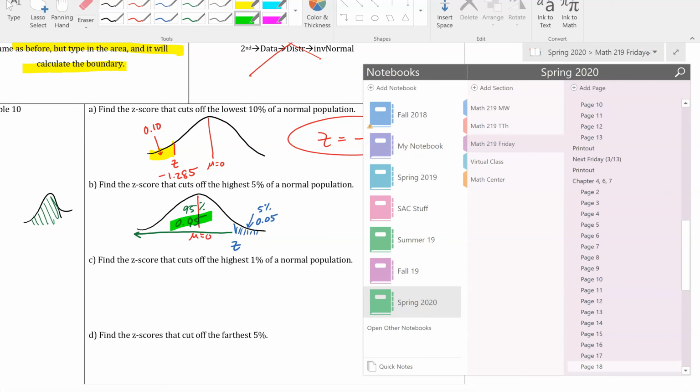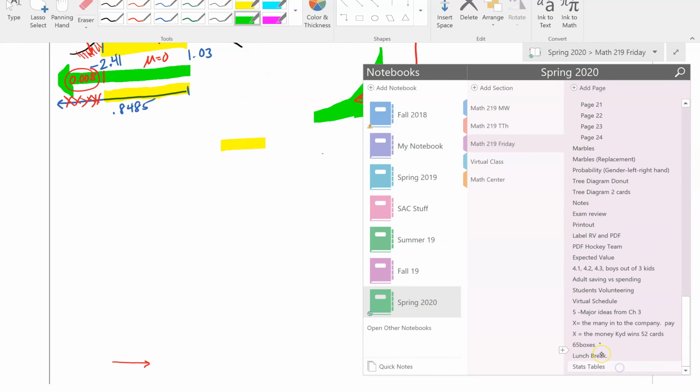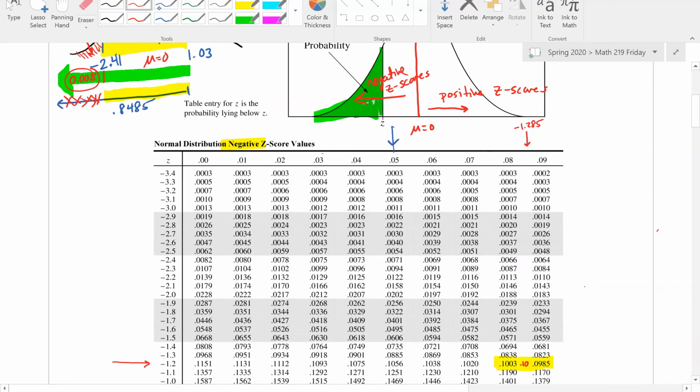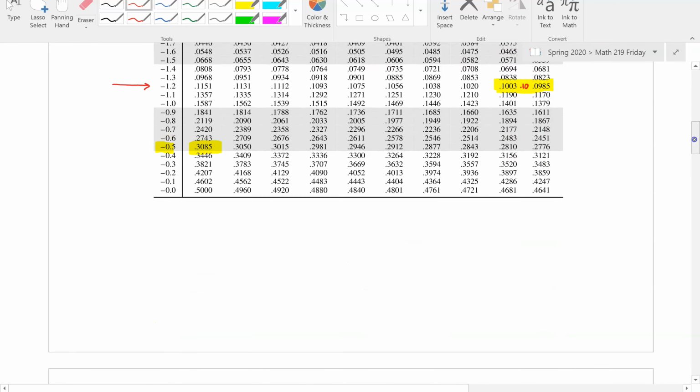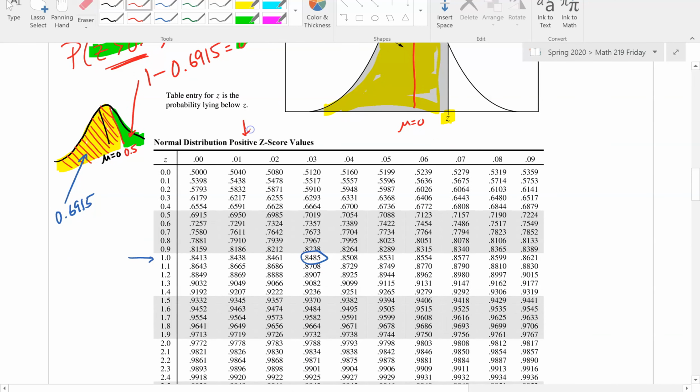Okay, let's try that. Let's find this positive z-table. That's the negative one. There's the positive one. And I'm looking in this part for an area of 0.95, because I'm looking for the 0.95 to the left of my z-score, which would leave 0.05 to the right, the highest 5%.